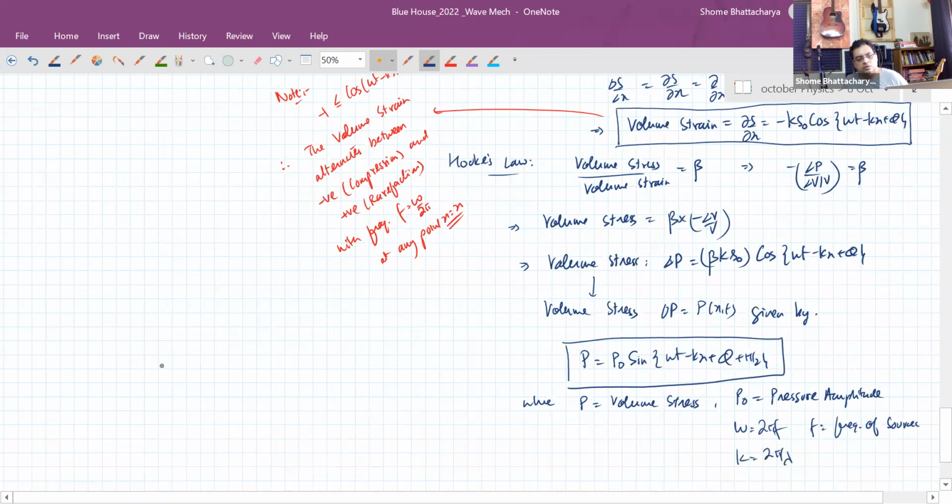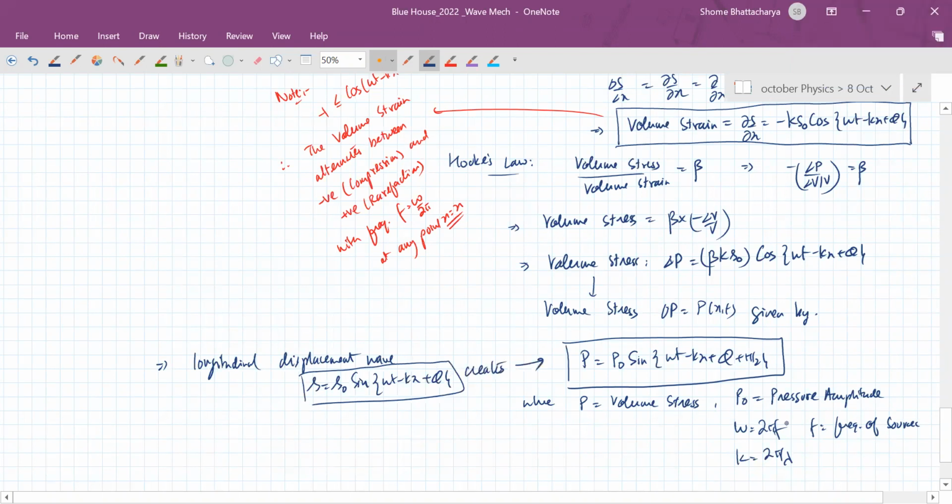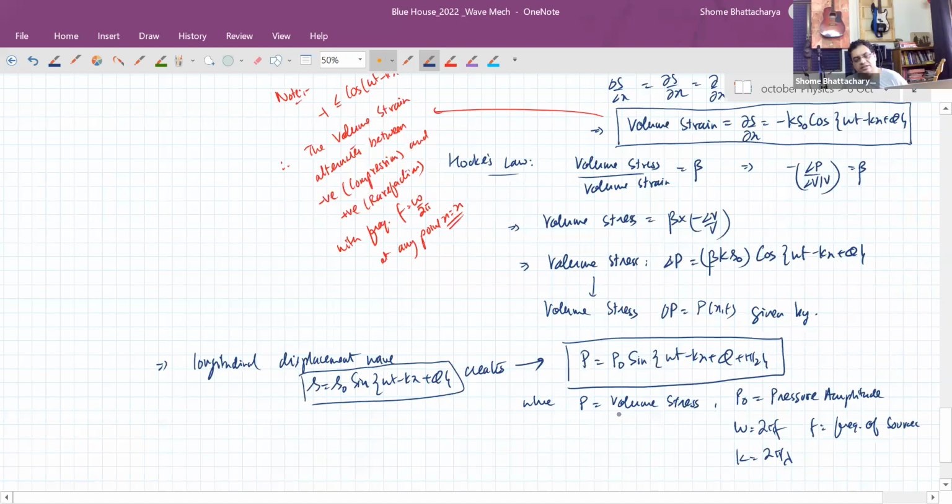So basically a longitudinal displacement wave S equal to S naught sine omega t minus kx plus phi creates a volume stress.